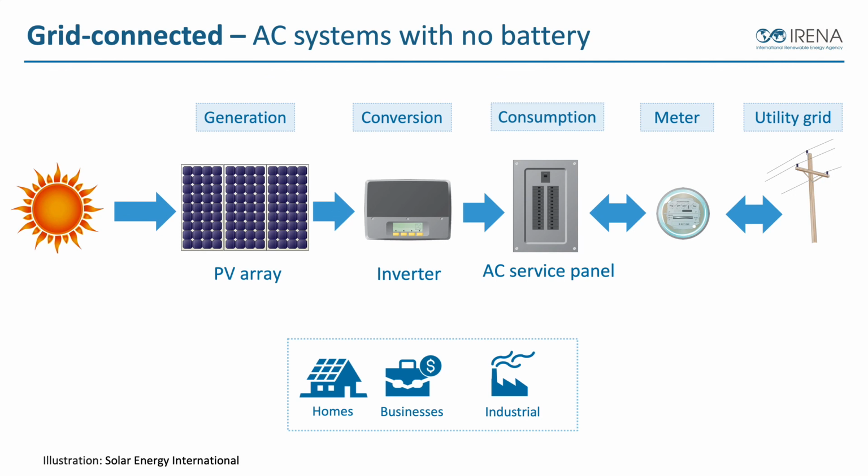A system like this does not have energy storage, and so we're not keeping any energy in the building. We're producing everything and either consuming it or exporting it. So you see our arrows from the AC service panel to the utility grid show that they can go both directions.